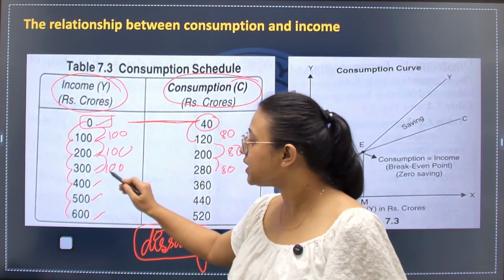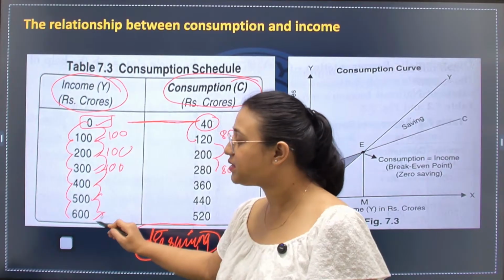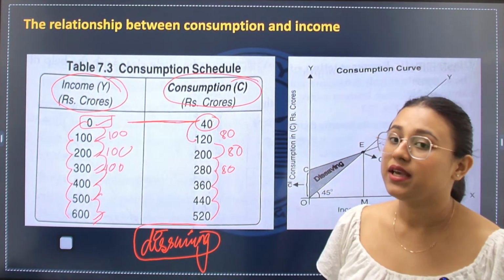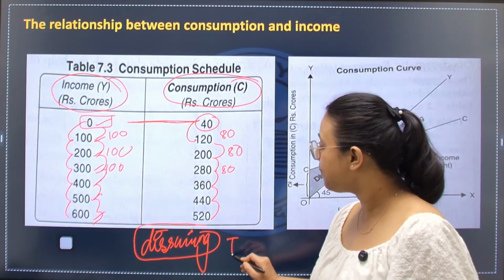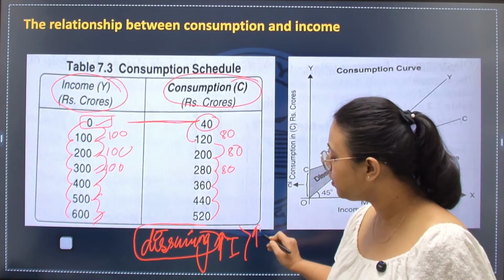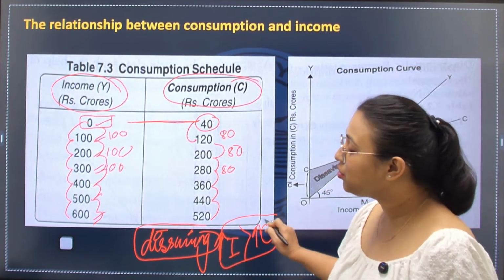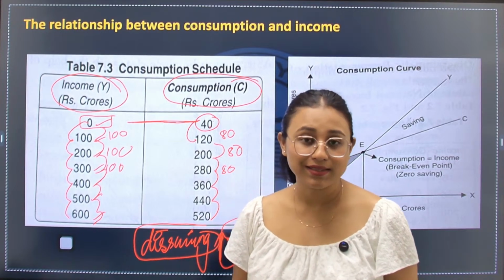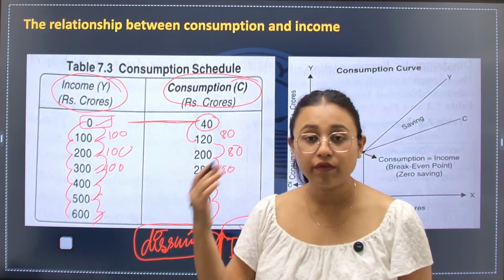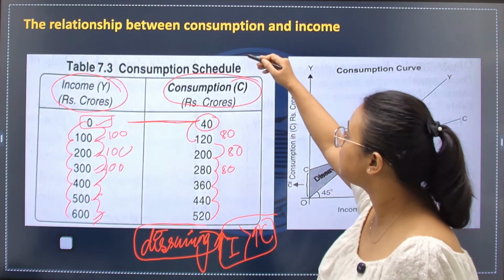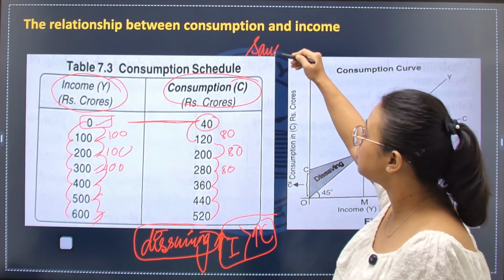So what you see is that as income is increasing, the consumption is also increasing, but the increase in income is more than the increase in consumption, because not all that you earn as income is always spent on consumption. A part of it is also saved.